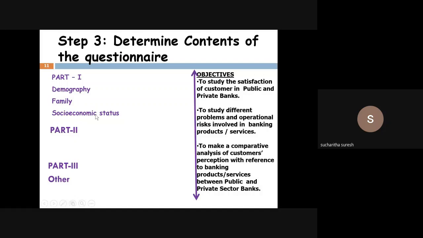All these things come under part 1. Part 2 is about the objectives, the main core content of your study. 75% of your questions will be in part 2. It has to focus on all the objectives, and the hefty questions should come here.